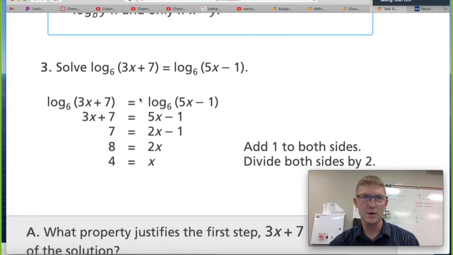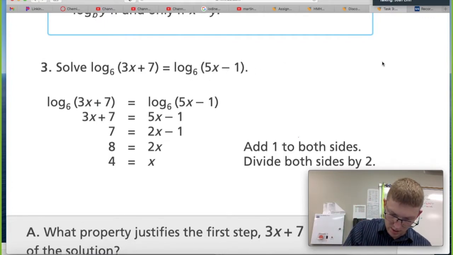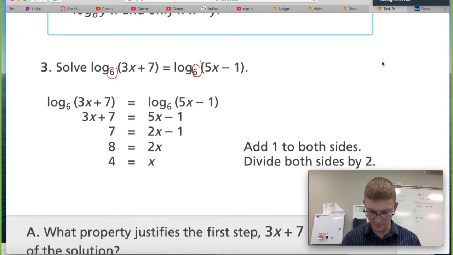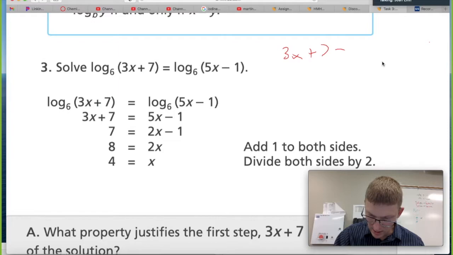So we've got: solve log base 6 of 3x plus 7 equals log base 6 of 5x minus 1. So we check our logs. They are the same. So now we can just go straight into 3x plus 7 equals 5x minus 1.